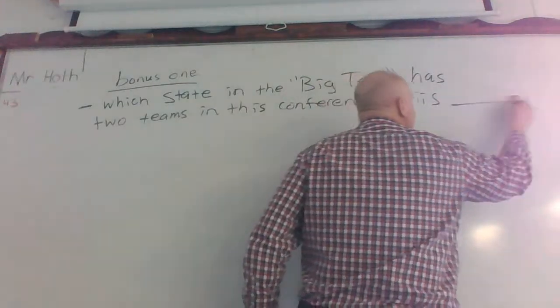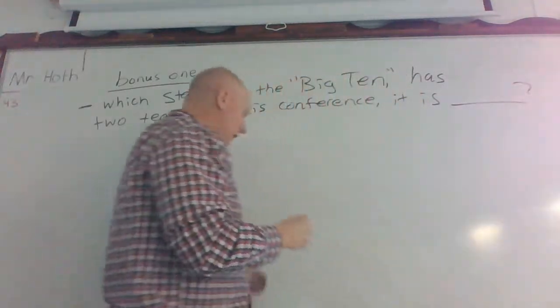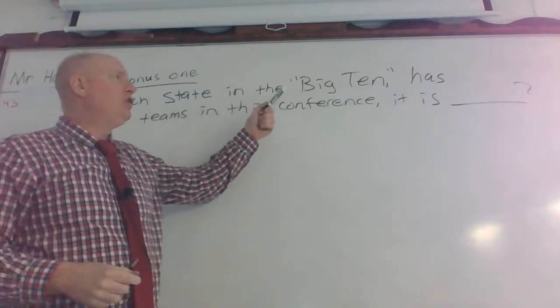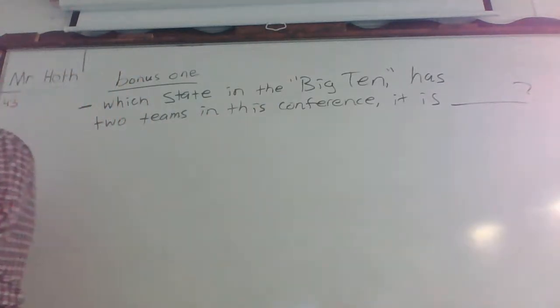Okay, so in other words, like for instance, if we had said which state in the Big 12 has two universities that has the state in it. Oklahoma's one, you have the Sooners and the Cowboys, and then Kansas is the other. You have the Jayhawks and the Wildcats.